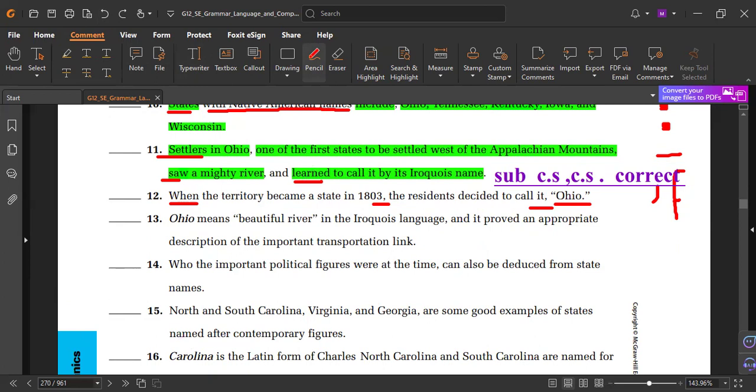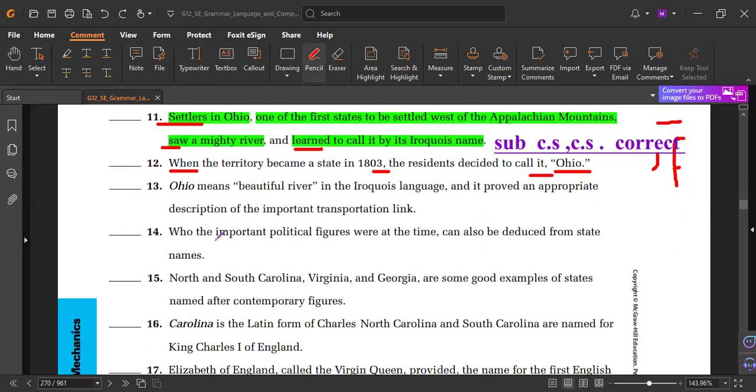Now, Master, can you solve these examples with me so I can understand the idea? Yeah, let's see. Ohio is the subject, and then an appositive phrase tells you what it means, and then a prepositional phrase. So we have a subject and a verb. If you want to use a comma, you need two complete clauses. The first one is already complete. How about the second one?